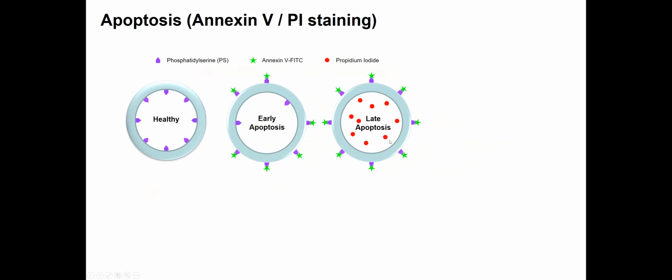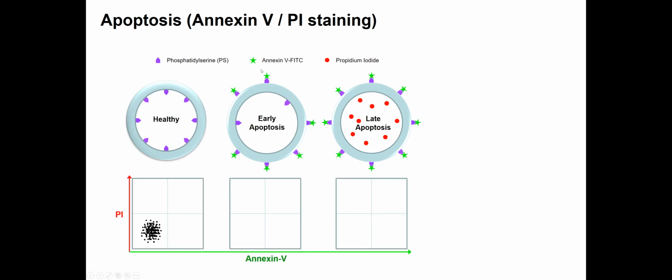In the later stage, the membrane is damaged and makes a hole. The first stage, where membrane asymmetry is broken, can be measured by a protein called Annexin V. Annexin V can be labeled with a green color. It's like an antibody, you can think.